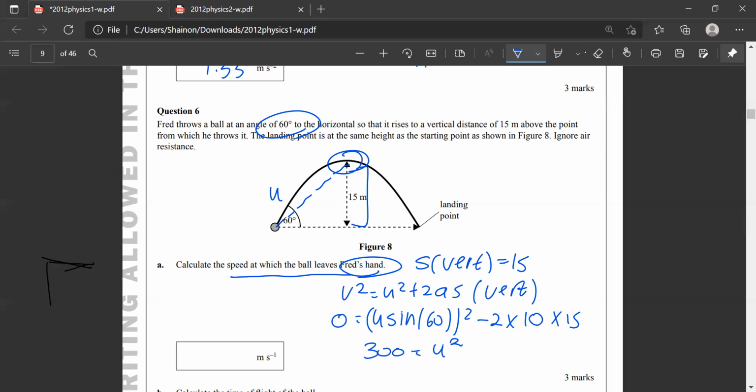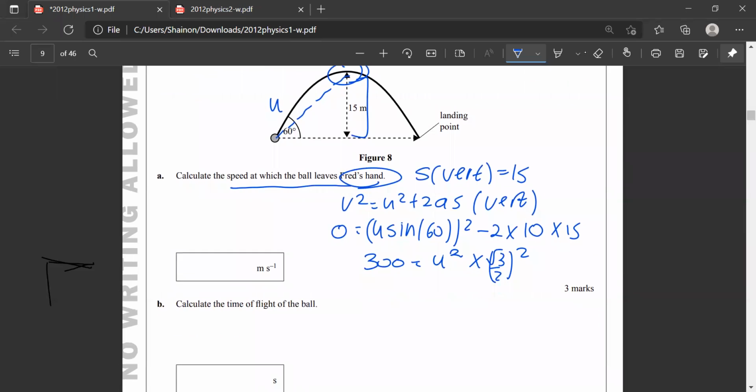U squared over 3, U equals root 320. This is only the vertical component.